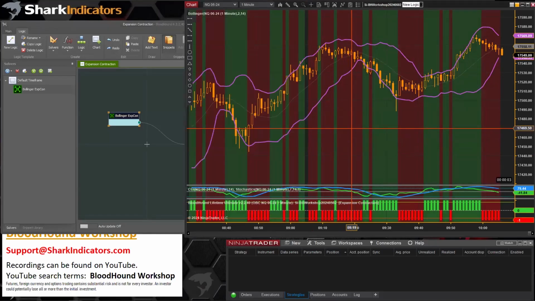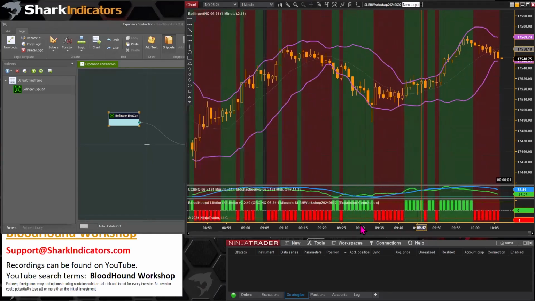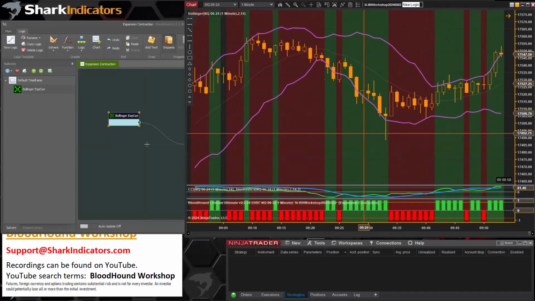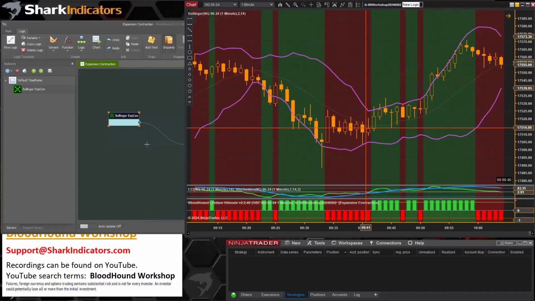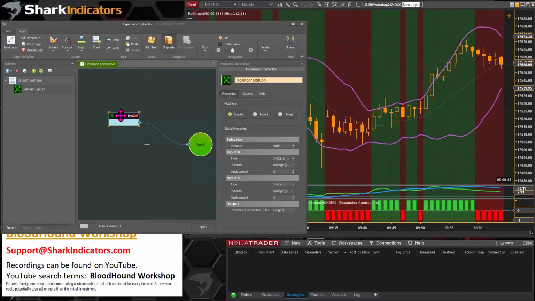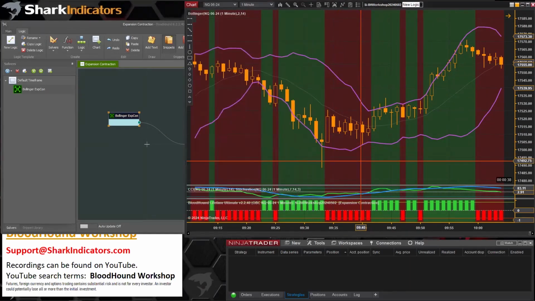And there we go. So by default, the solver is set up to give you a short output when it's contracting and a long output when it's expanding, just so that you can quickly visually see that your inputs are set up and working. But it should be obvious that if something is contracting, that doesn't mean the market's going short.